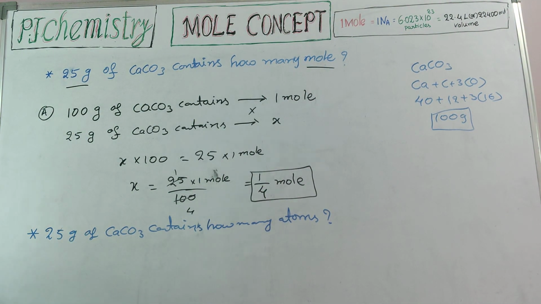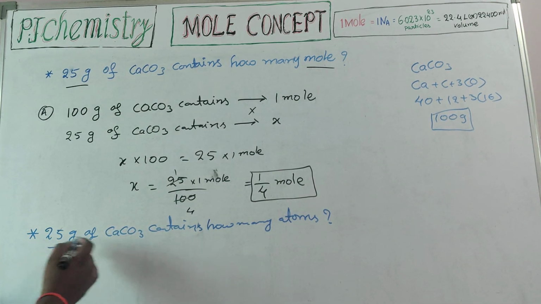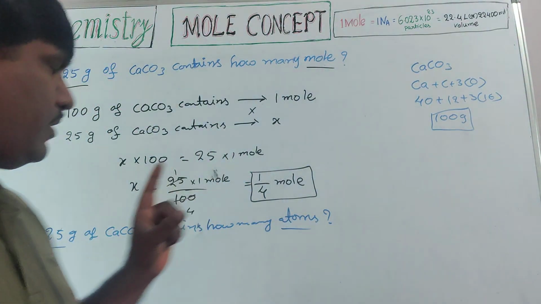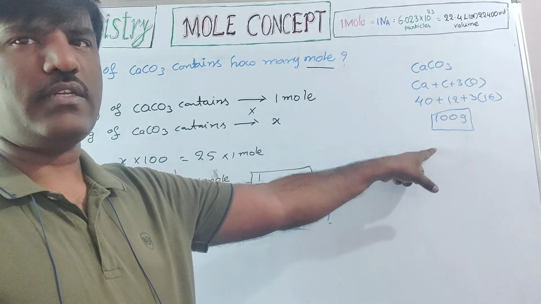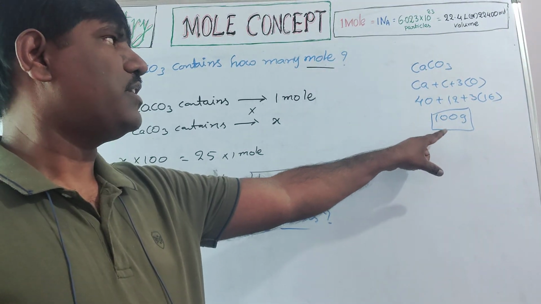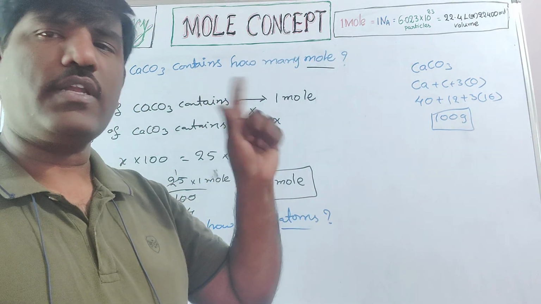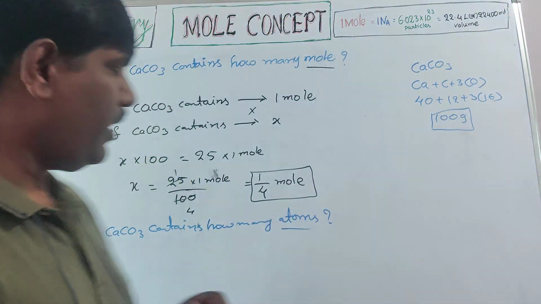Now, atoms immediately; there is no moles question between the grams and atoms. So first, whatever you take, grams to atoms. 100 grams of calcium carbonate, here we already calculated, no? 100 grams of calcium carbonate contains how many atoms? 1 calcium, 1 carbon, 3 oxygens. Total 5 Avogadro number of atoms.